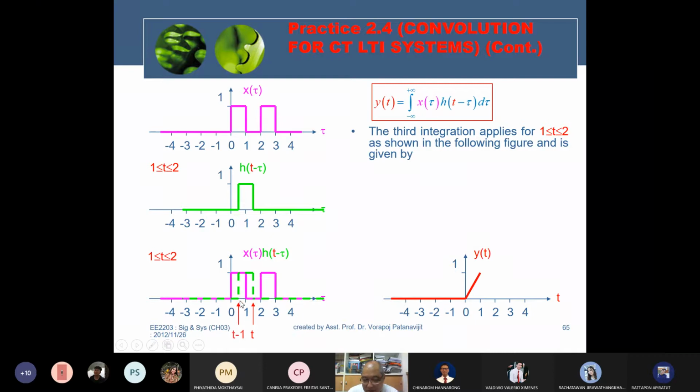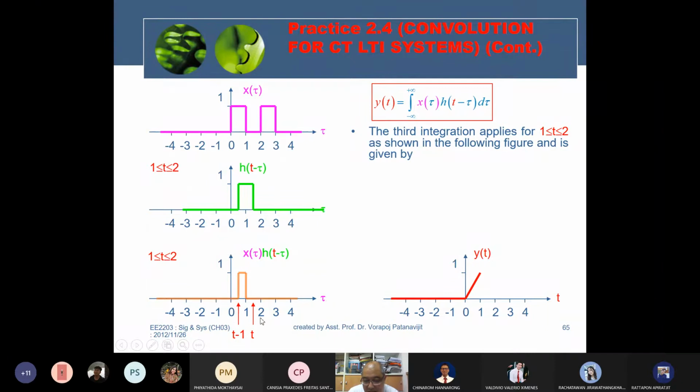You can see that for time less than t minus 1, the green equals 0, and 0 multiplied by anything gives you 0. For times between t minus 1 and 1, the pink is 1 and the green is 1, and elsewhere it is 0.